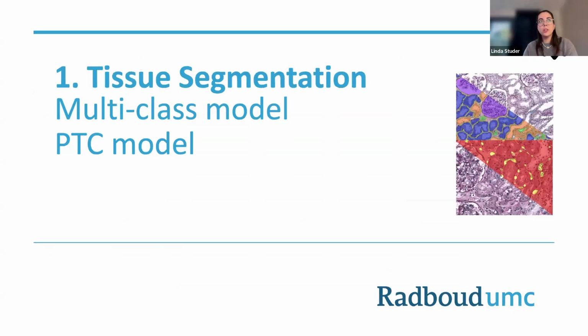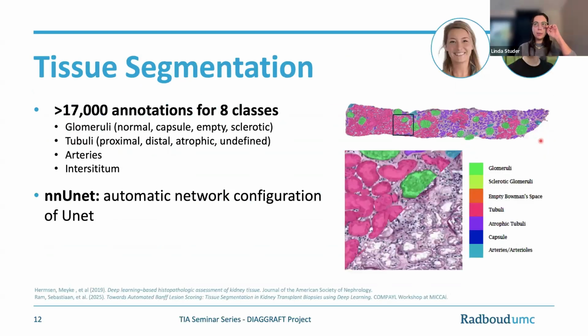Now, I'm going to delve a bit deeper into the tissue segmentation models that have been developed in this project or before this project. First, Maike Hermsen was the PhD student that was working before the project. She collected a data set of over 17,000 annotations for 8 classes.